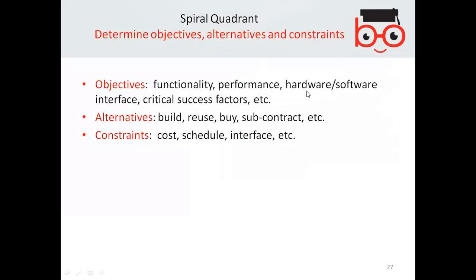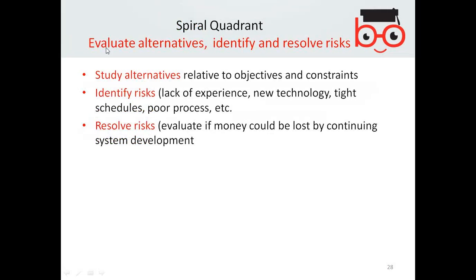So the spiral quadrants, for example: determine objectives, alternatives, and constraints. Then in the evaluate alternatives quadrant, identify and resolve risks. This includes the identification of alternatives, risks, and risk involvements.